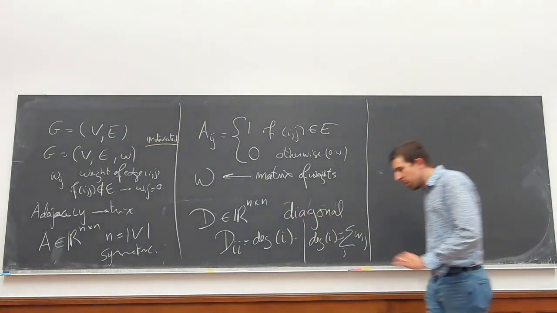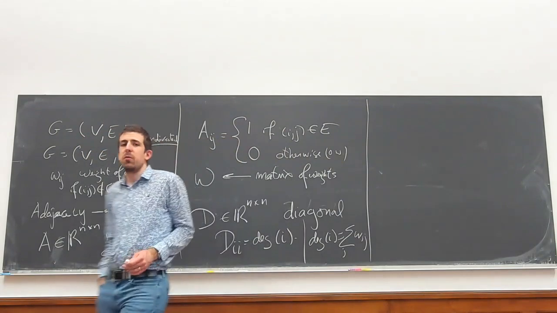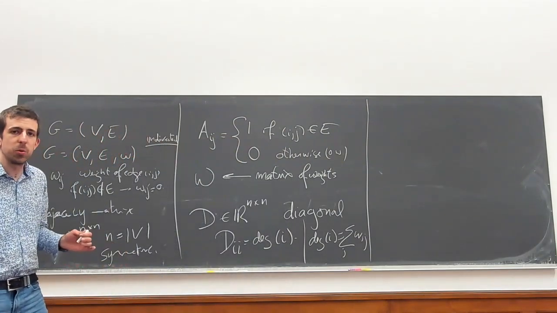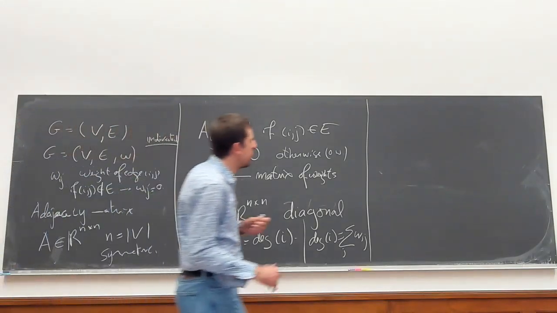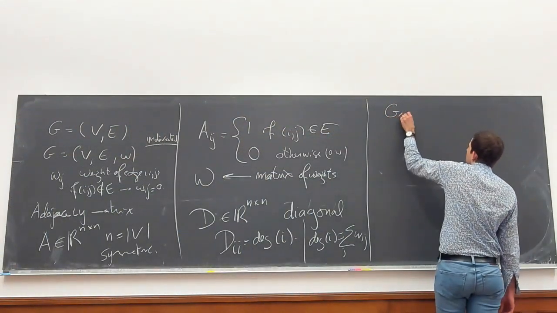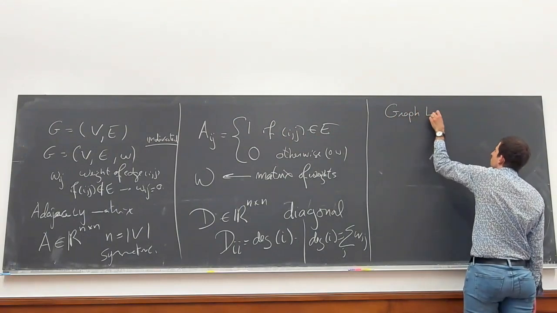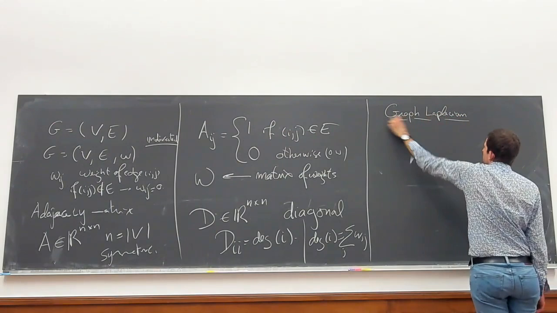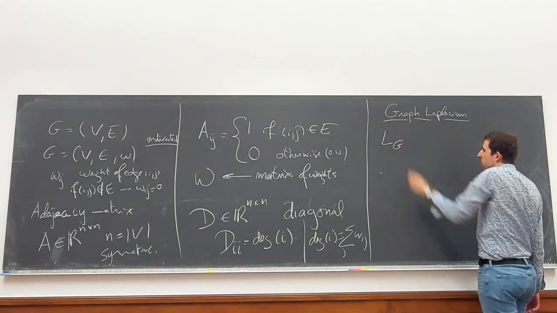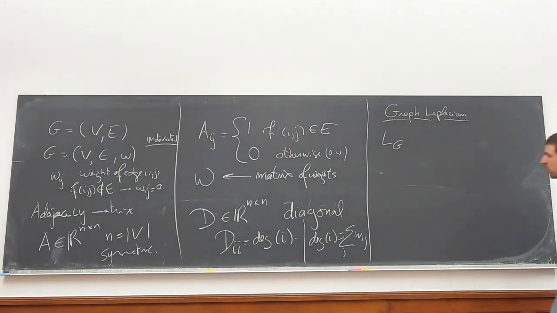Now, another important matrix, which as we'll see can be written with respect to these two, though we'll define it in a different way, is the graph Laplacian. We'll call it the graph Laplacian of a graph G, LG.